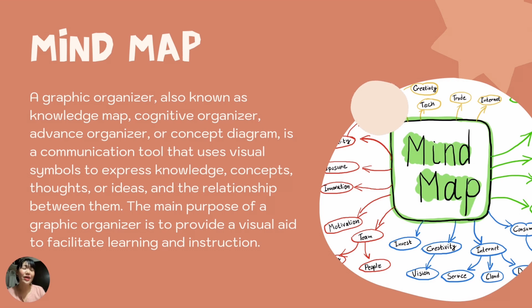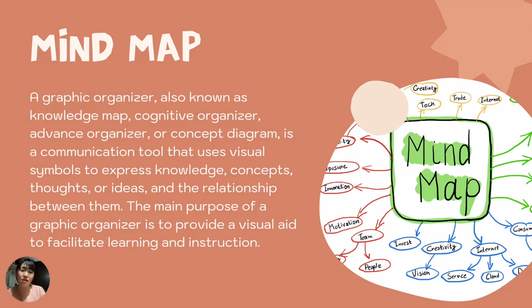So moving on to the other technique in making a draft is the mind map. So what is a mind map? So mind map is a graphic organizer, also known as a knowledge map, cognitive organizer, advanced organizer, or concept diagram. This is a communication tool that uses visual symbols to express knowledge, concepts, thoughts, or ideas, and the relationship between them.